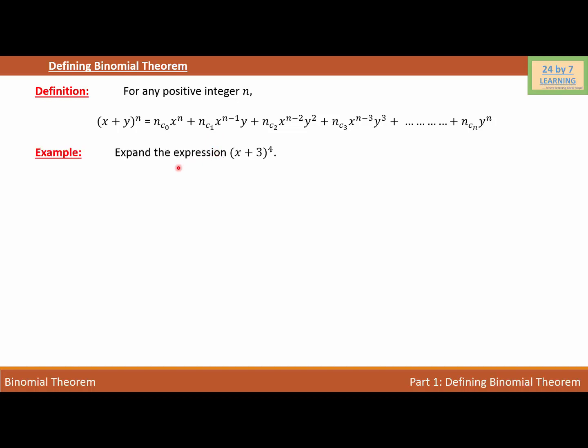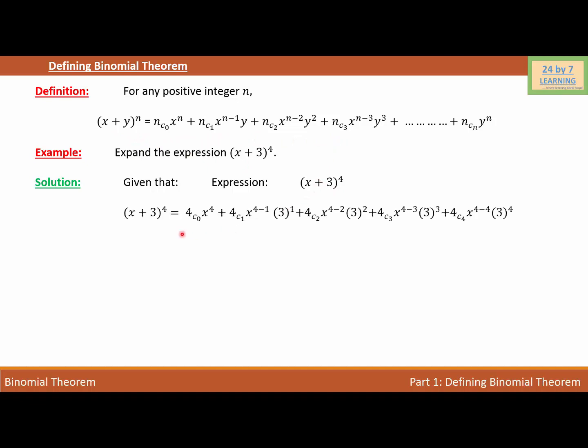The example is: expand the expression (x + 3)^4. As you can see, it is given that the expression is (x + 3)^4. I'm going to use the binomial theorem, which is this theorem, to expand this expression.